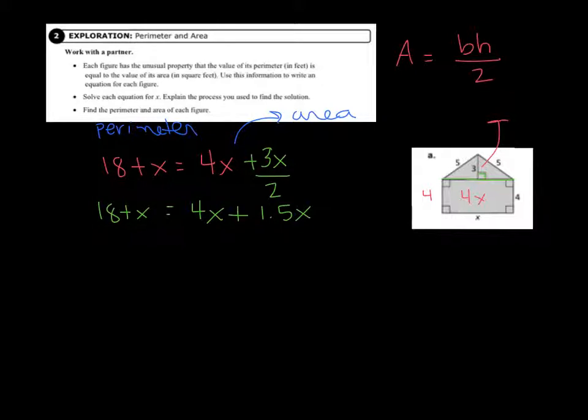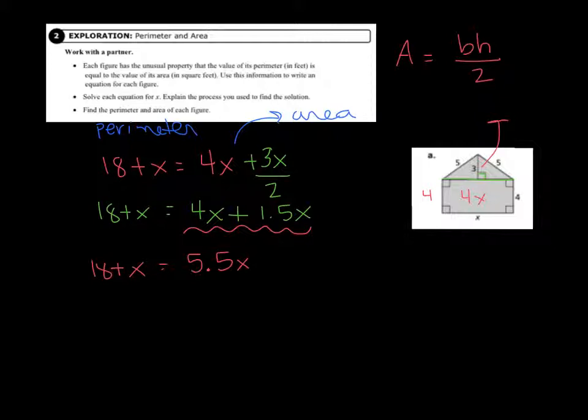So now, hopefully, you see my like terms right here. I have 4x's and 1.5x's. So I'm going to combine those since they're on the same side of the equal sign. So I know that I have 18 plus x equals 5.5x.